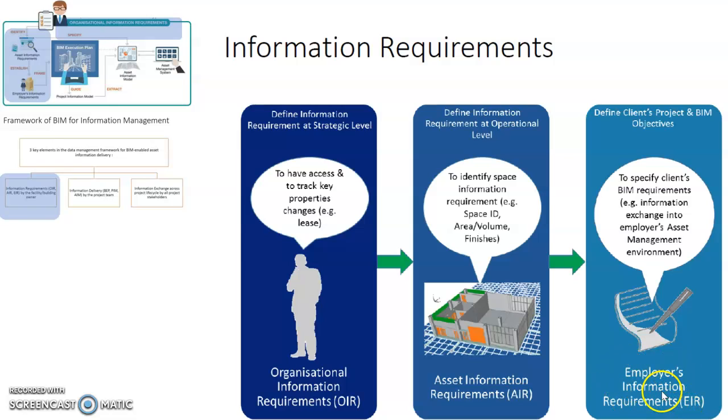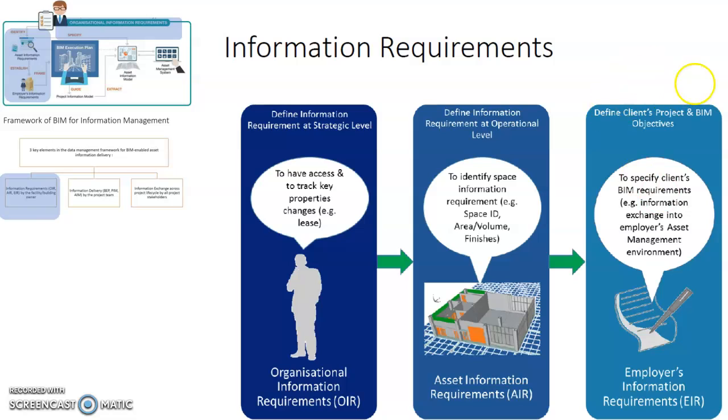We call it the EIR at a project level, meaning that when the company wants to start a new project, let's say to build a new shopping center, the company needs to take into account the decisions made at the strategic level and the decisions made at the operational level, or to put it into the requirements for the new project.